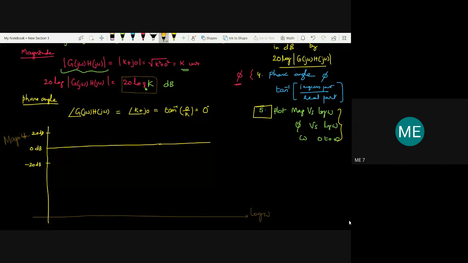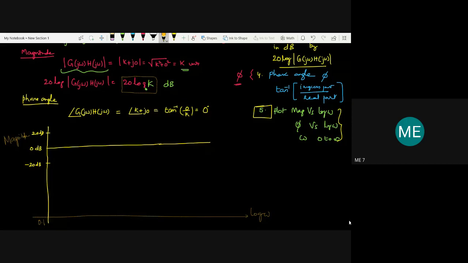So omega may be of any value; I will take 0.1 as the starting point, going to infinity. Even though it varies from 0.1 to infinity, the 20 log K line is a constant value. For example, if K is 10, log 10 base 10 is 1, so 20 dB. So it is a constant line of 20 dB for K equal to 10.